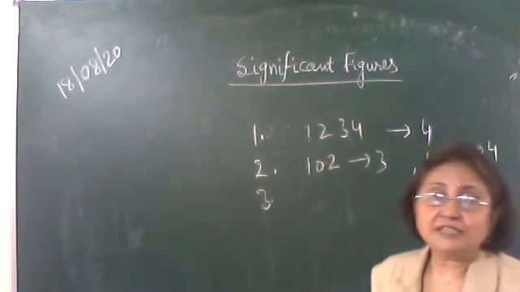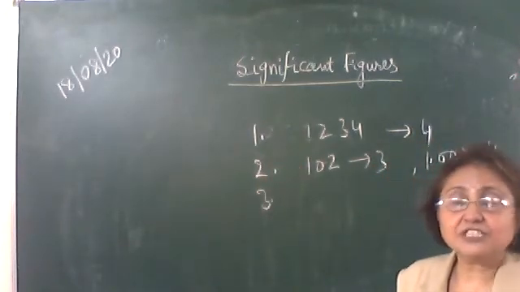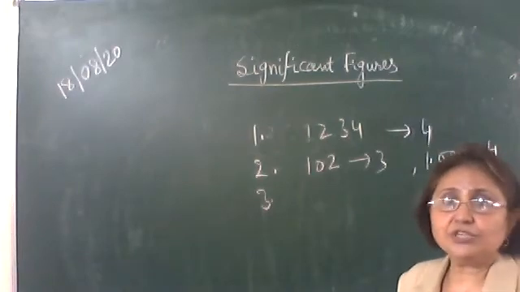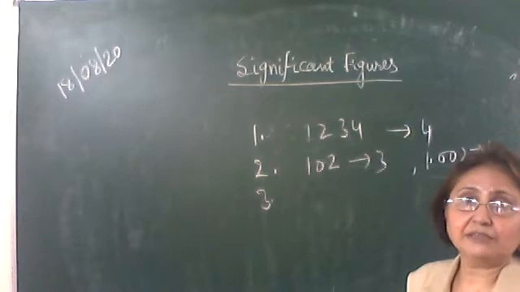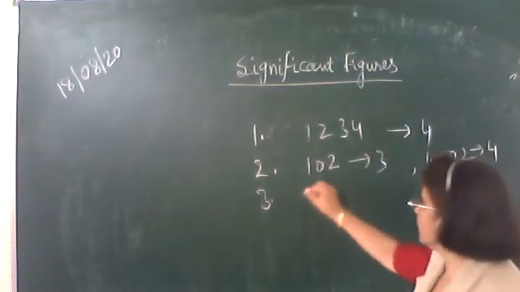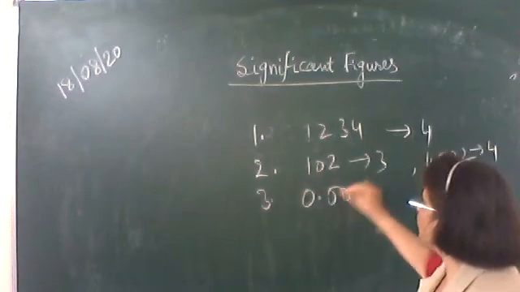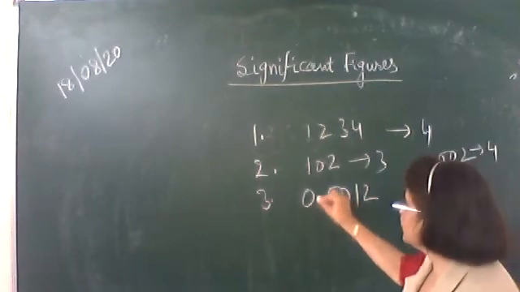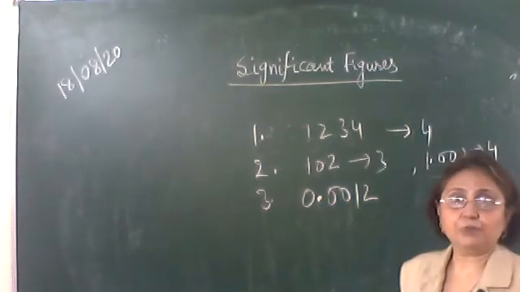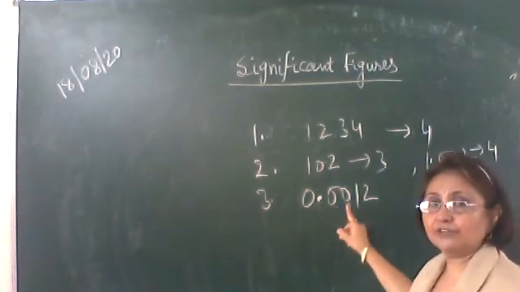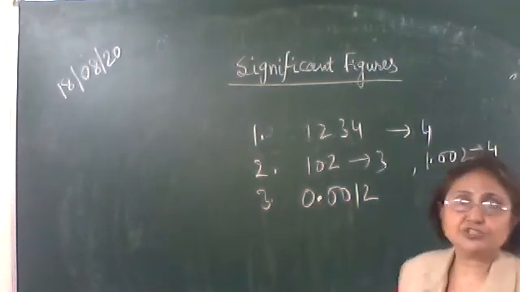The third rule states that if a number is less than 1, meaning starting with the decimal point, then all the initial zeros are insignificant. For example, 0.0012. As it is starting with the decimal point, to the left of the decimal and to the right of the decimal, we see that there are 3 zeros.